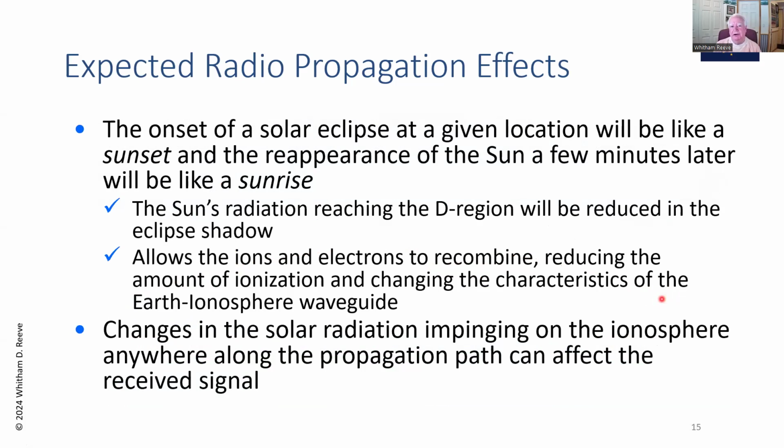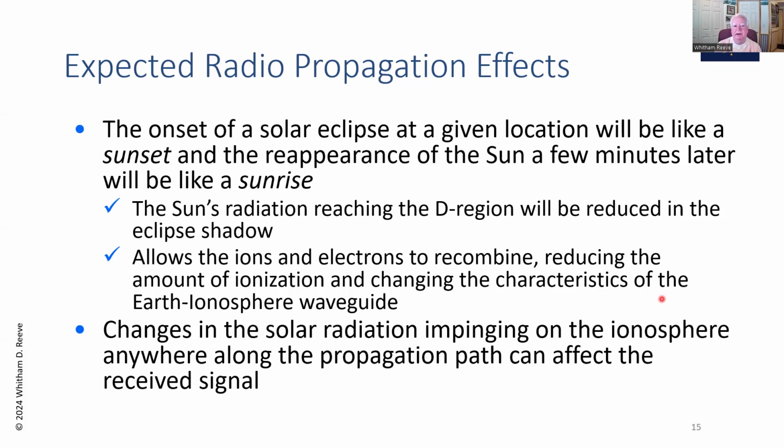Now, another complication is that this particular eclipse occurred about the time of, or actually before, sunrise in Anchorage. And so you have the sunrise and sunset effects that could affect your observations at VLF.